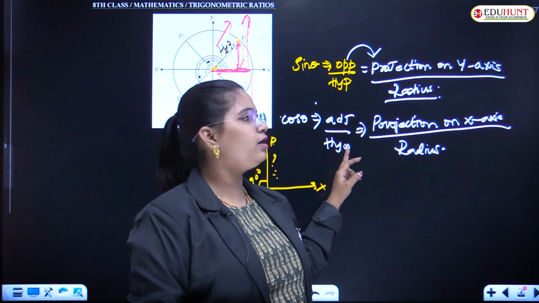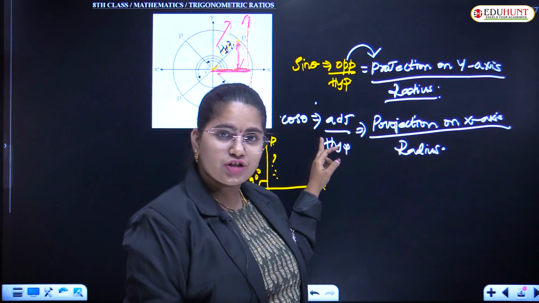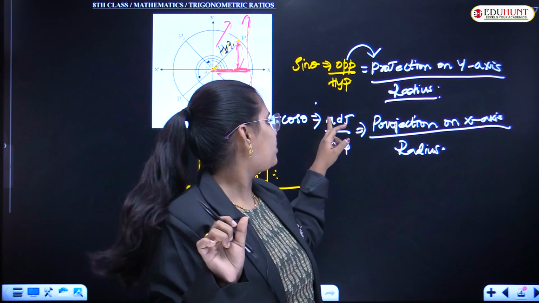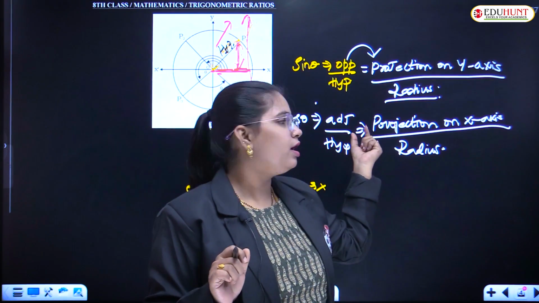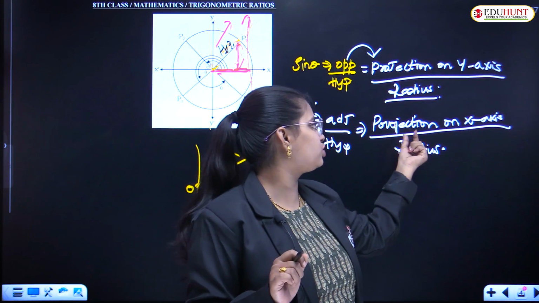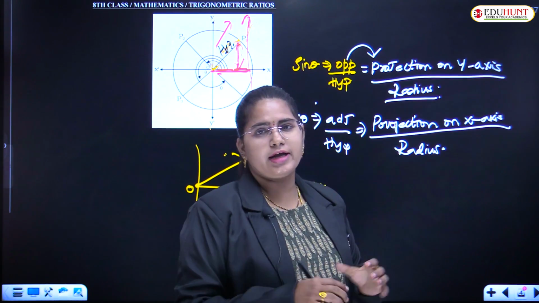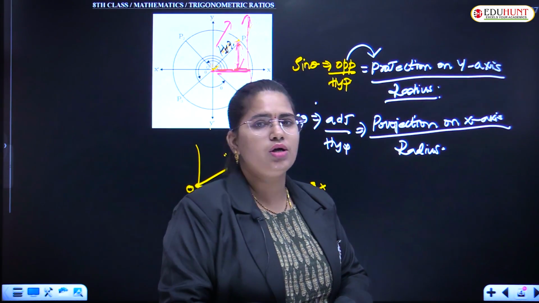And similarly cosine theta, shortcutly read as adjacent upon hypotenuse, was renamed as projection on x-axis to radius.